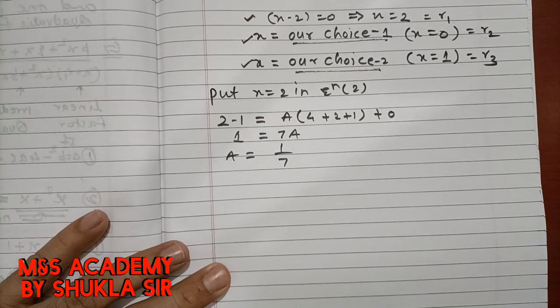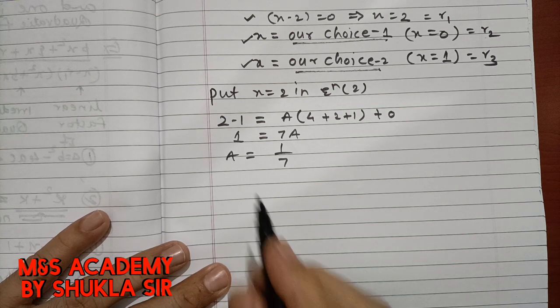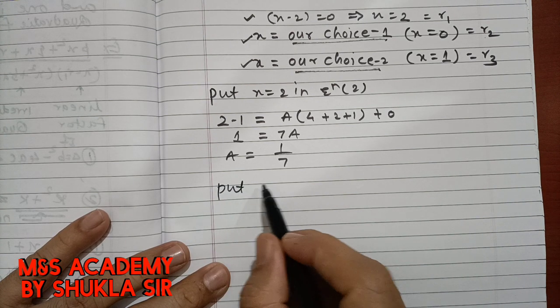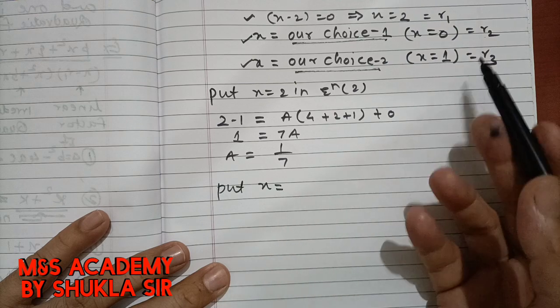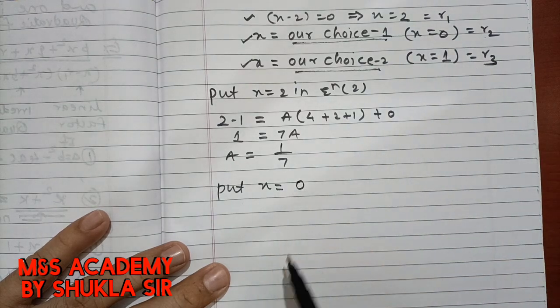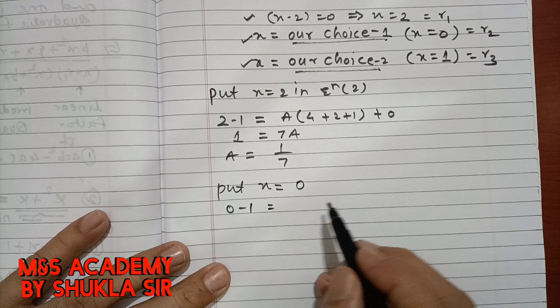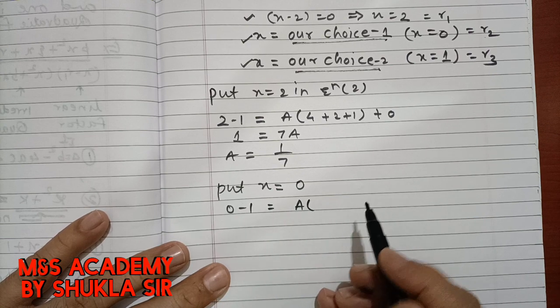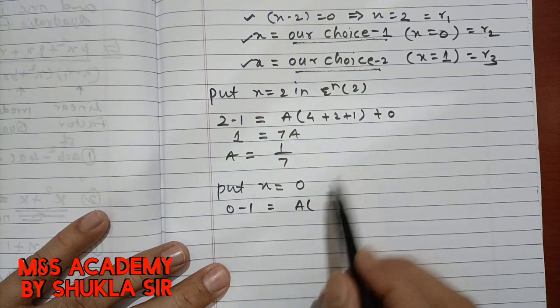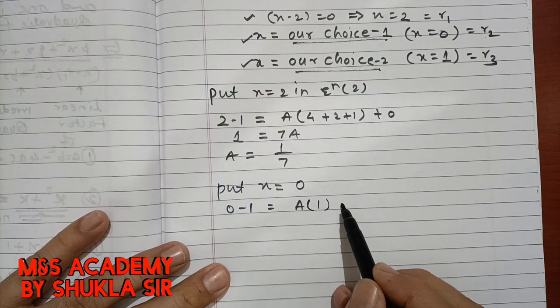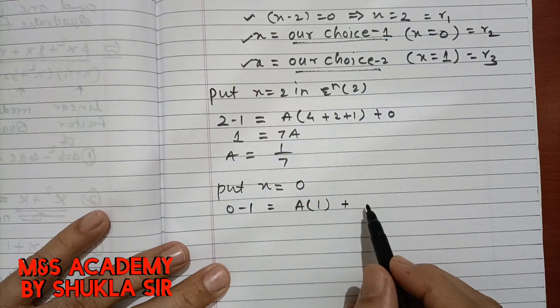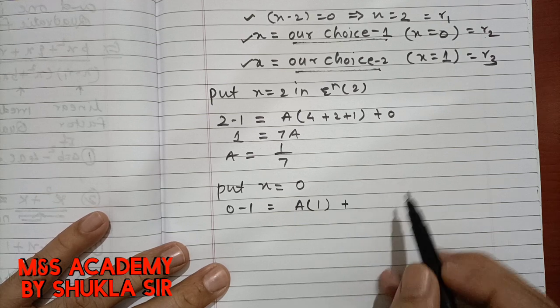Next, put x is equal to 0. Here the choice is 0. So 0 minus 1 is equal to a times 1, since this is 0 and this is 0, plus... now this is very important.